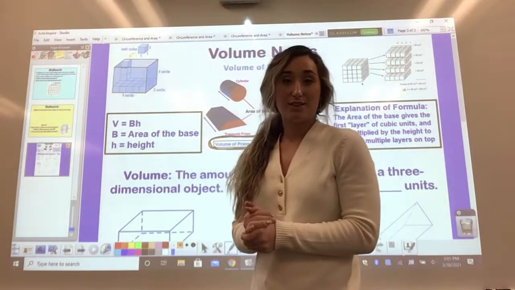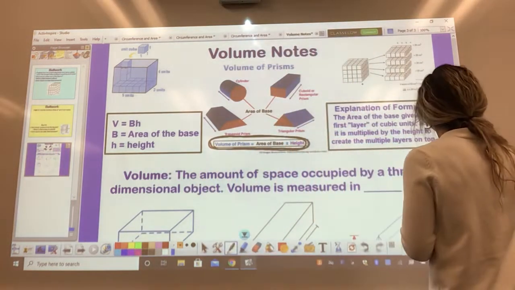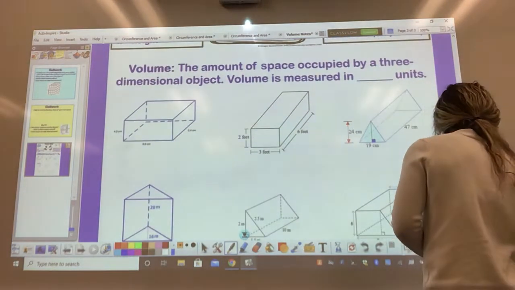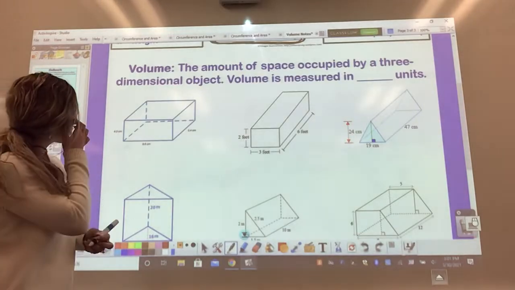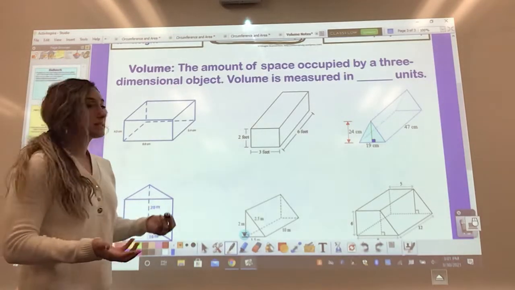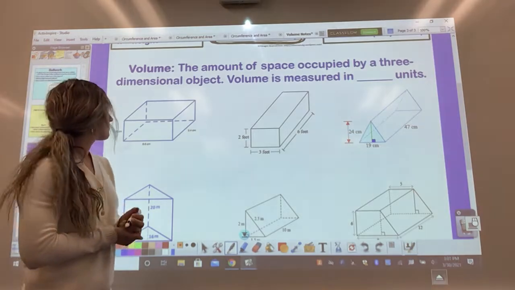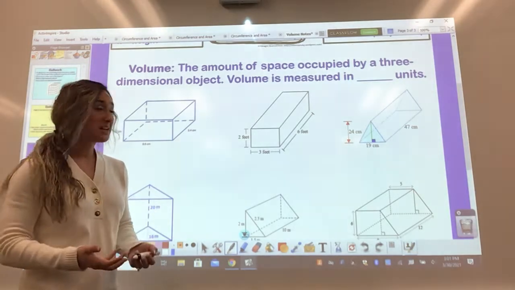So let's calculate the volume of certain shapes. Our first example is a rectangular prism. Once again, it really doesn't matter which face I use as the base.